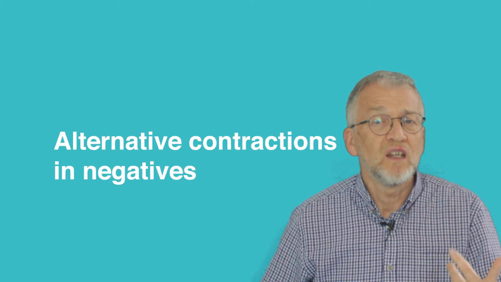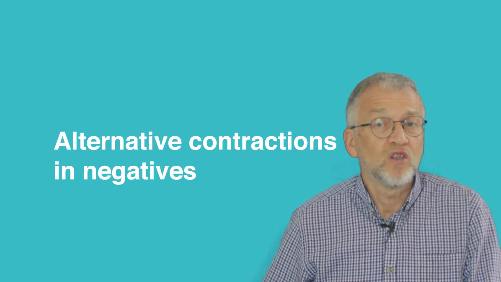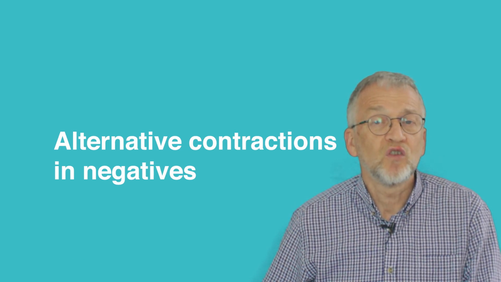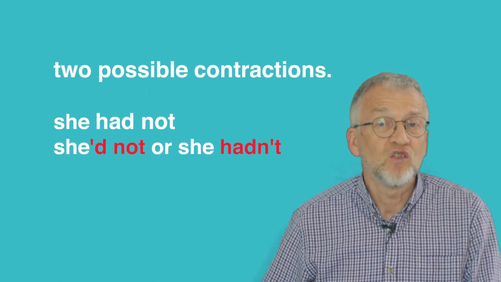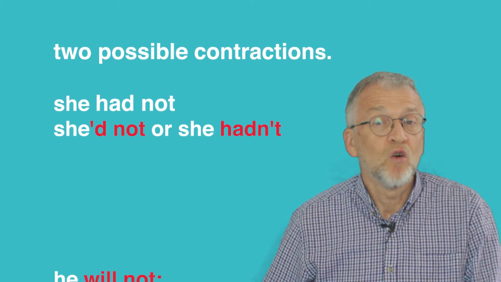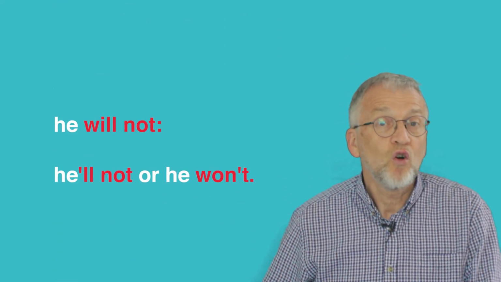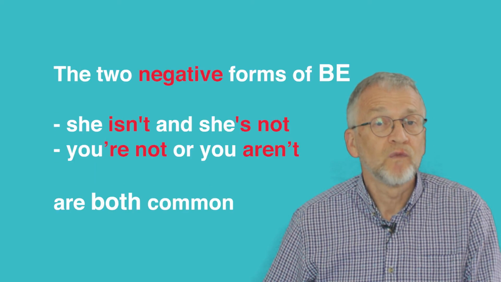Okay. There are some alternative contractions in negative expressions, yes, and there are alternatives, yes. For example, for she had not, we can say she'd not, or she hadn't. Or he will not, we can say he'll not, or he won't.